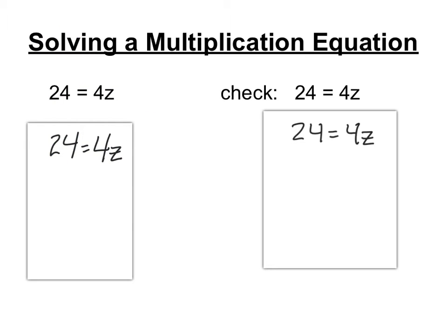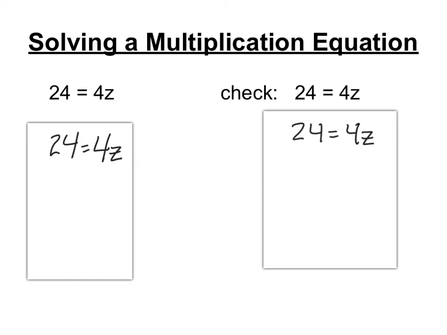Okay, let's look at an example of a multiplication equation. In this example, I have 24 is equal to 4z. And 4z implies that you're multiplying 4 and the variable z together. So I rewrote my equation, and because I am multiplying 4 and z together, I'm going to undo it with division.